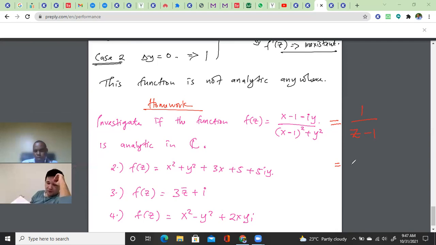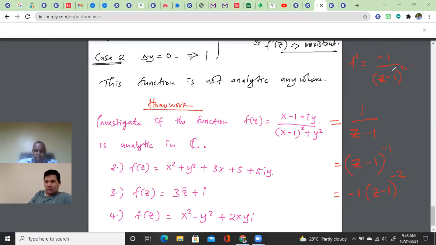This is z minus 1 to the power of −1, so the −1 drops down, and then z minus 1 to the power of −2. The derivative is going to be −1 over (z − 1) squared, according to the power rule.